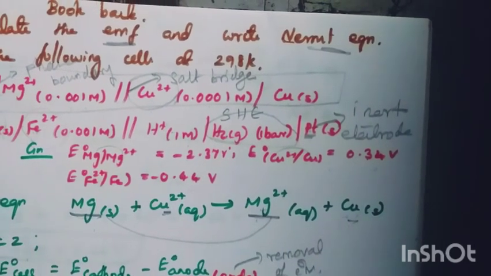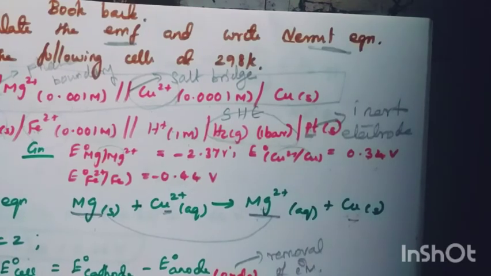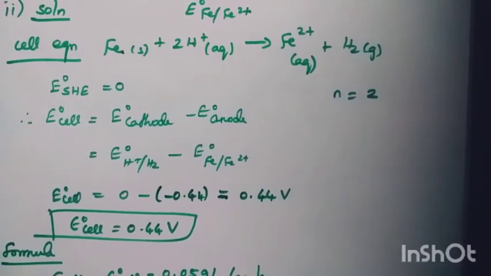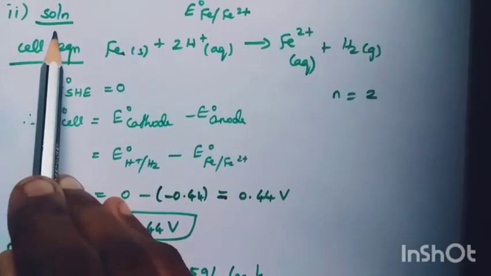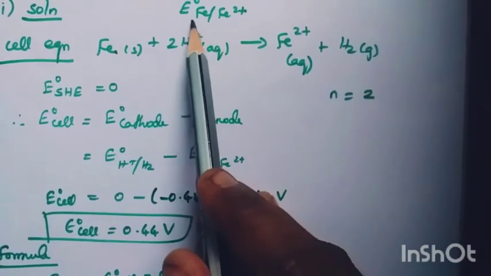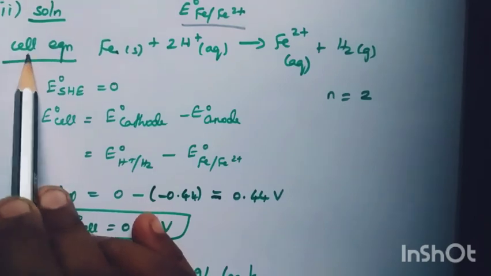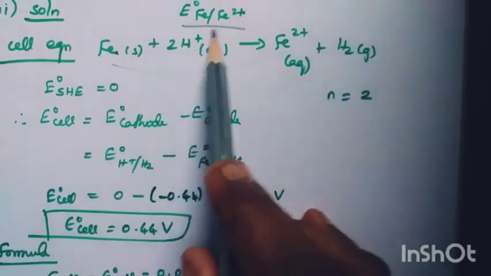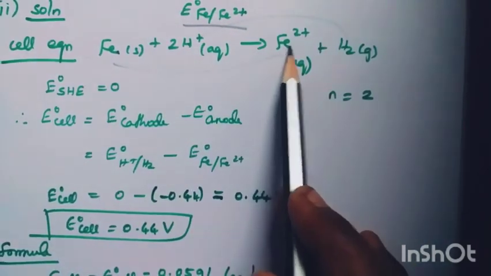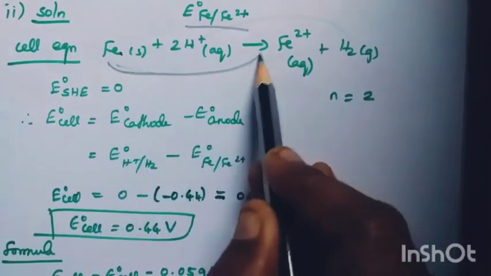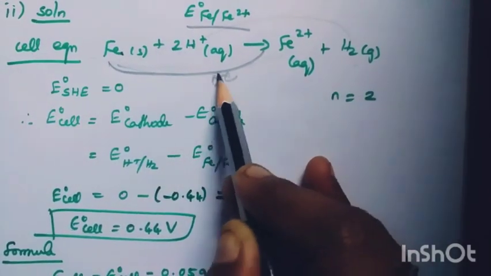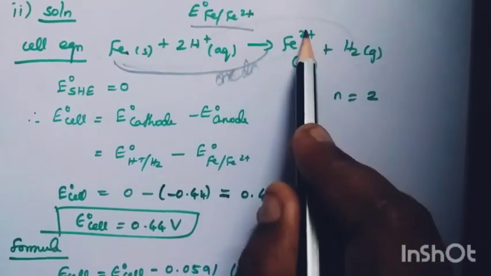Whether it is on the cathode side or the anode side, its value is equal to 0. So from this we can calculate the EMF of the cell. The cell reaction is Fe converted to Fe2 plus and H plus to H2. This is oxidation and this is reduction.